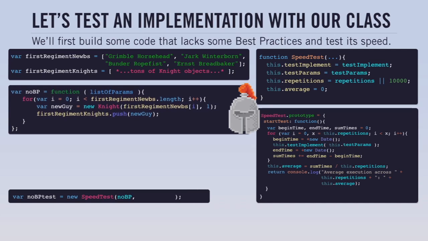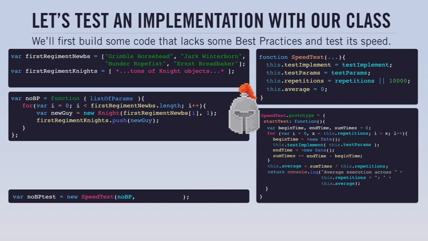So we'll scoot our stuff down here and we will make that parameter array become the lists for the tests, right? Lists for test variable. And inside that array, we've got both of the arrays that our testable code will need in order to operate. Now that list, that array of arrays, is going to be passed into our speed test constructor to be all of the parameters we need for our testable function.